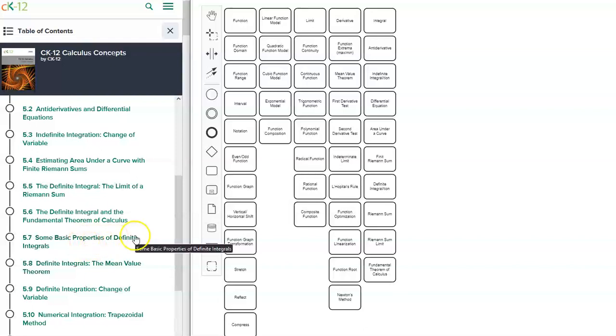Some basic properties of definite integrals. So we have the definite integral here. And you know what, I kind of like doing it this way. There we go. Let's do that. The fact that it can fit all in one line, at least. Yeah, there we go. Integral, integration. Indefinite integral.